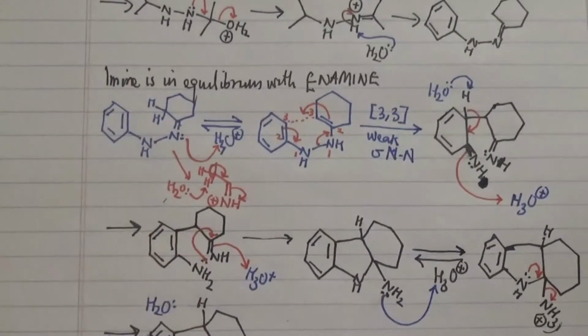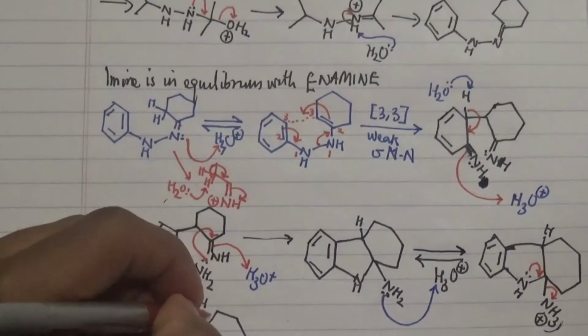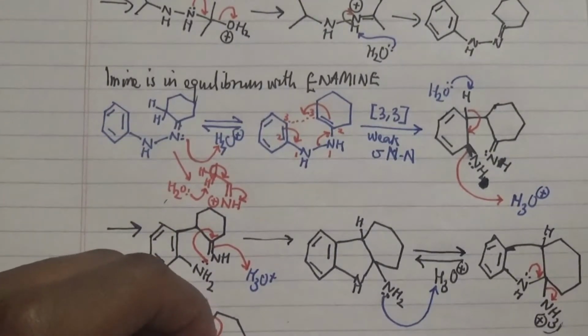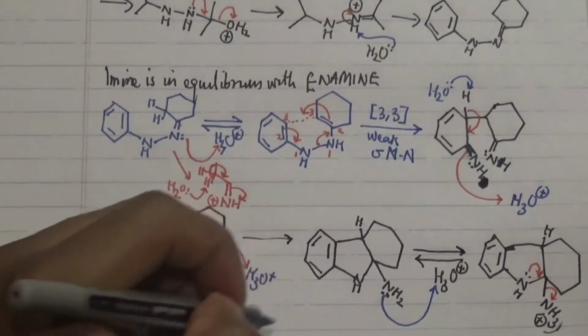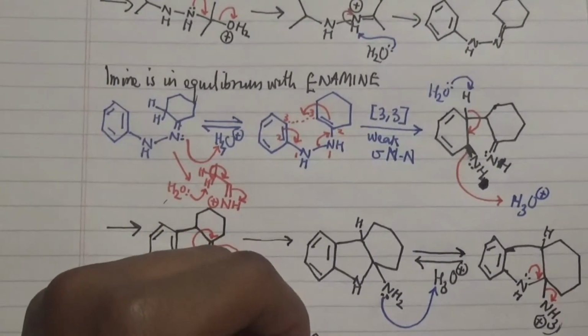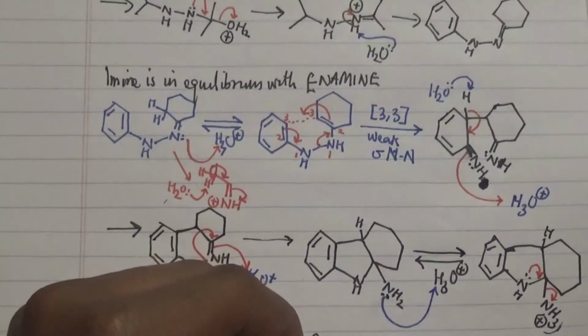And what we have is the picking up of a proton here, and this forms a double bond here, and this reforms our lone pair on this particular nitrogen. And what happens as a result of that is the formation of this particular compound, which is an aromatic indole.